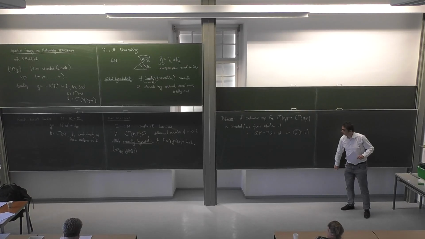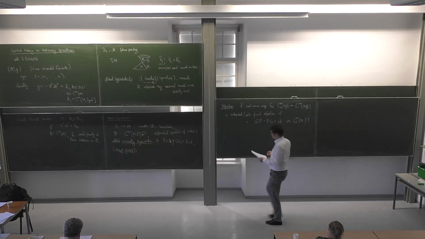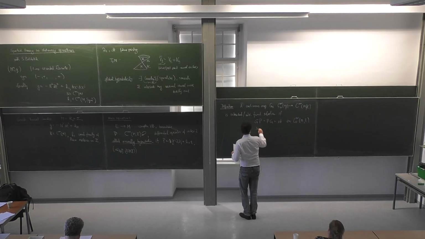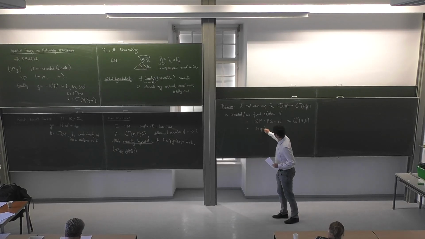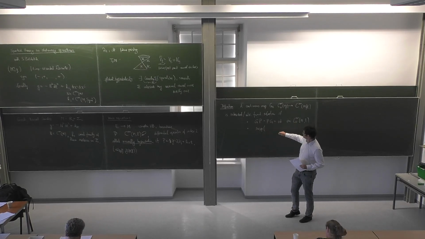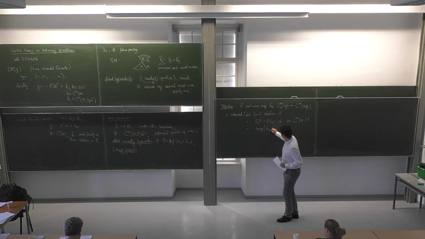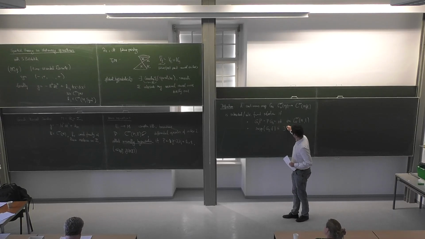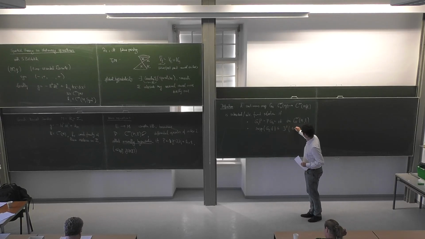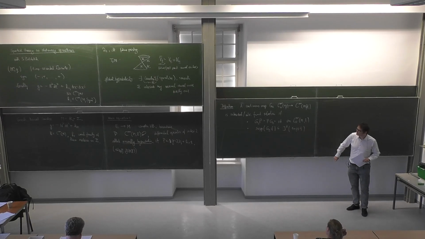So we have a two-sided inverse, but it has the following property. It maps the support of this test function to the future and to the past. So the support of G plus minus of f is a subset of J plus minus of the support of f. They are distinguished in this way.